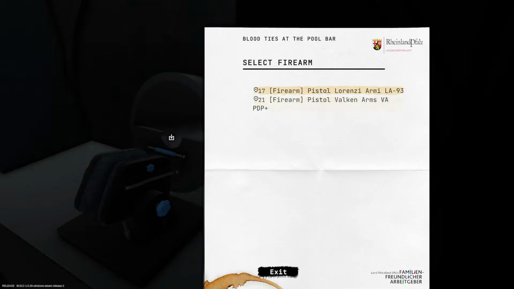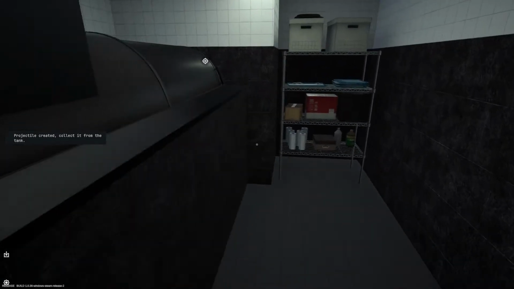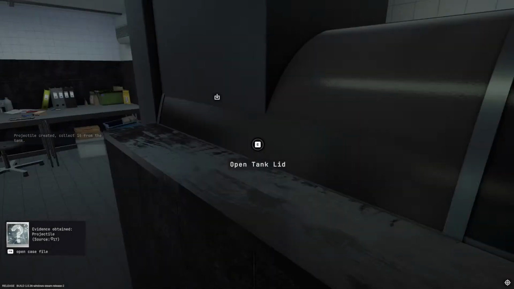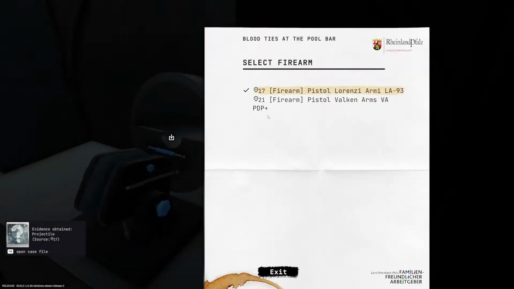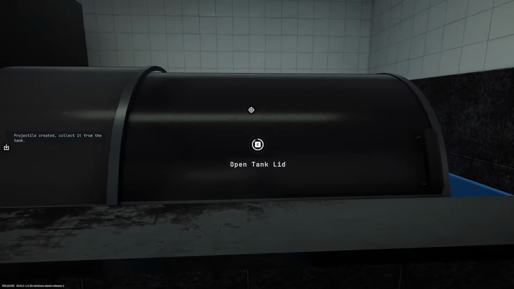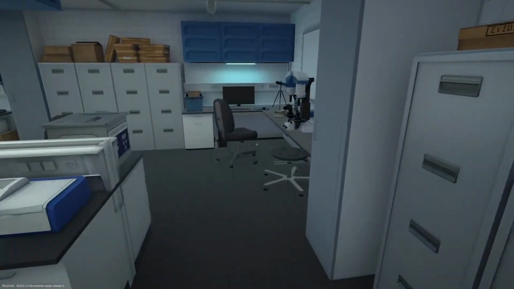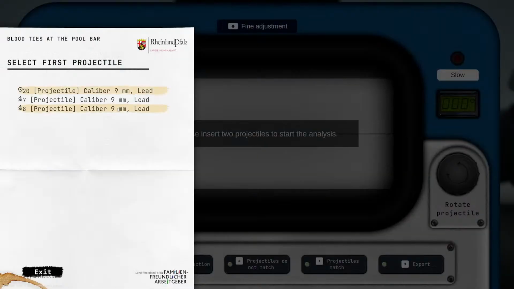Alright, let's put this first gun in. Fire that bad boy. We'll put the second gun we found. Put that afire. Let's go test the projectiles. 9mm.